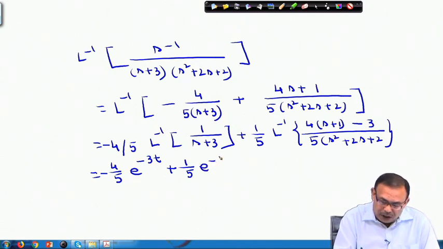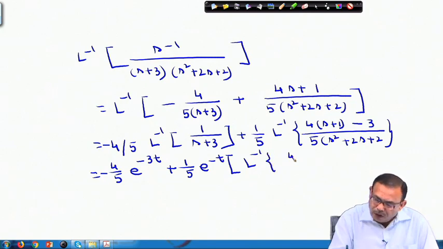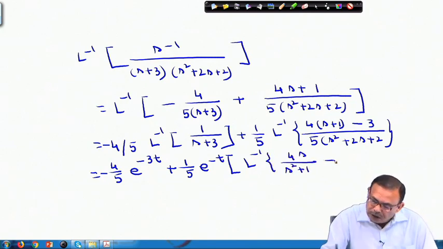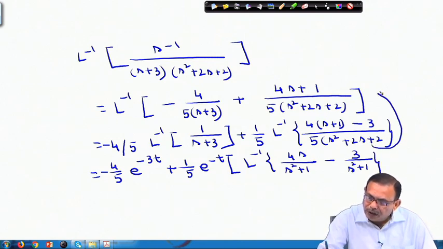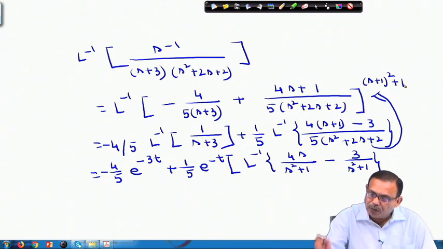So, e to the power minus t, again I am using the property here, and I can write down Laplace inverse of 4s by s square plus 1 minus 3 by s square plus 1. Actually, this I have done because I have written s plus 1 whole square plus 1.